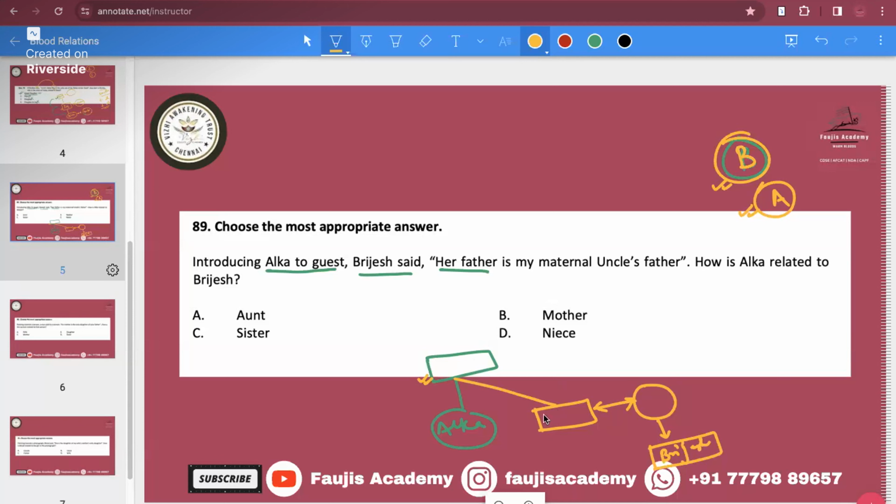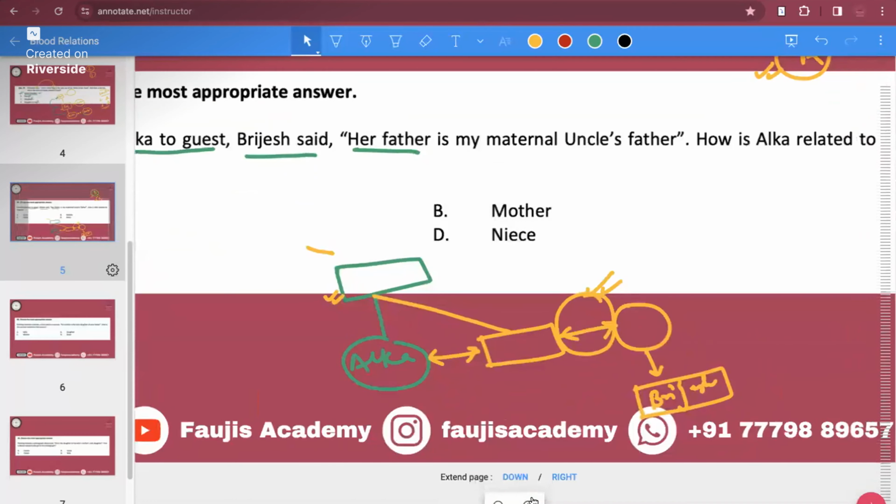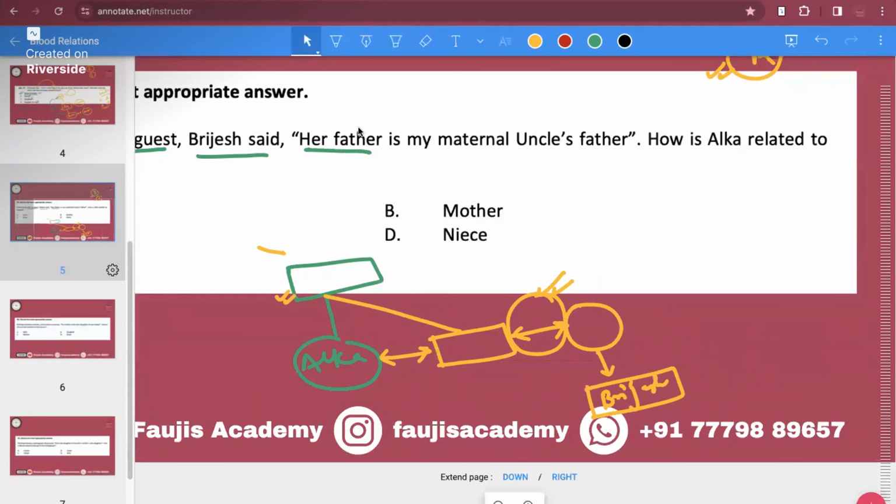Obviously, this sister relationship that we have defined over here can also be over here. Basically, Brijesh, one moment, guys. Okay, let's leave it. Let's do it over here only, like this.